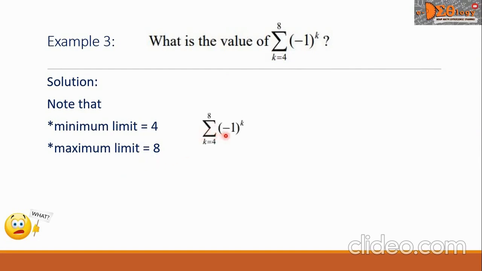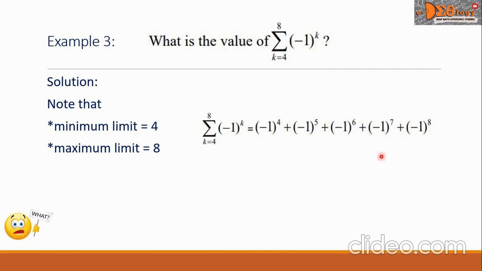Summation of this quantity -1 raised to k, where k equals 4 up to 8, we now expand into -1 raised to power 4 plus -1 raised to 5 plus -1 raised to 6 plus -1 raised to 7 plus -1 raised to 8.